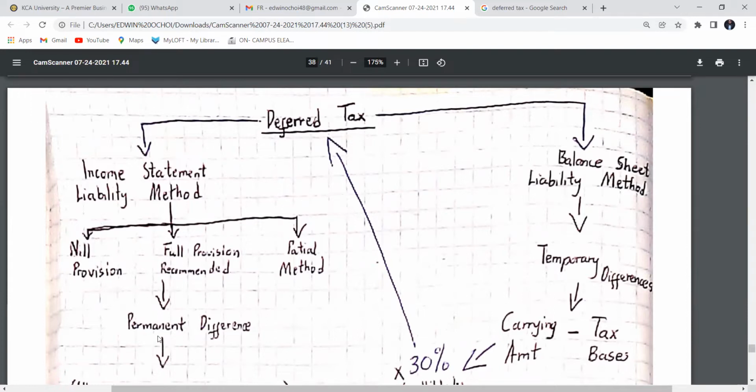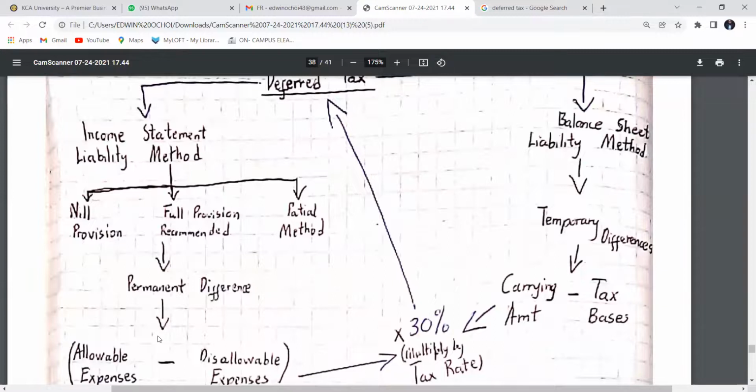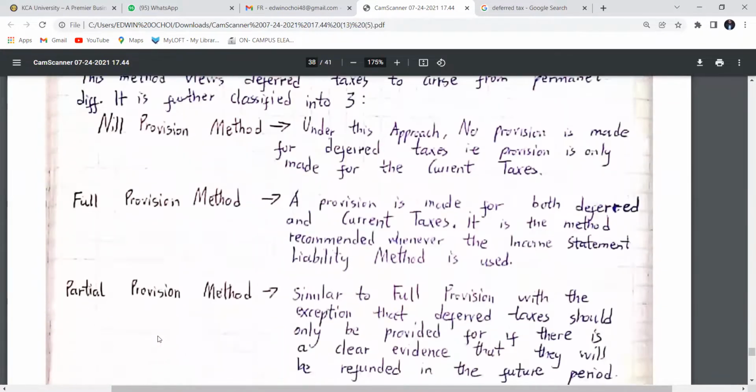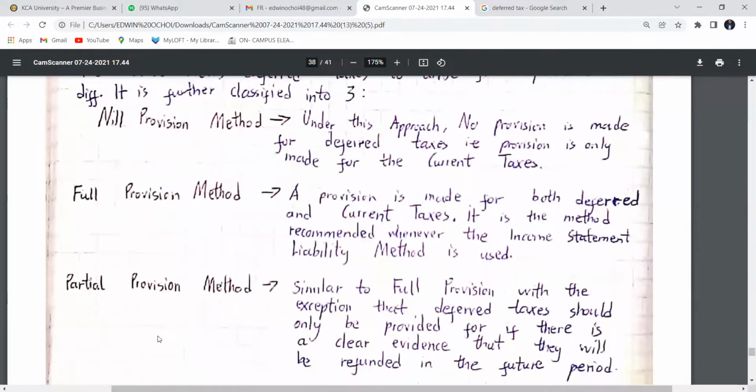But again, you need to understand at least what the income statement liability method is. Under that, it has three methods: nil provision, full provision, and partial provision, of which the income statement liability method views deferred tax to arise from permanent differences. When we talk about nil provision, under the approach, no provision is made for deferred tax.